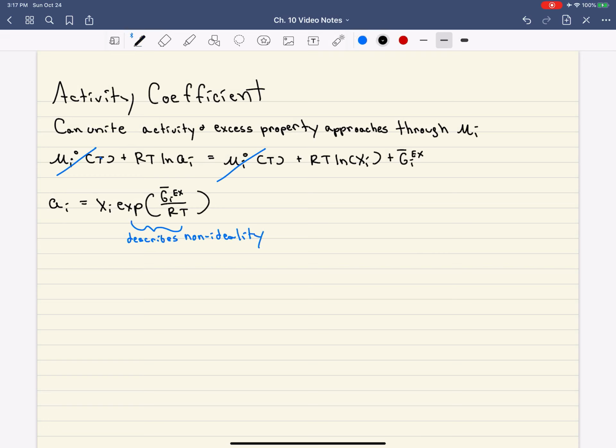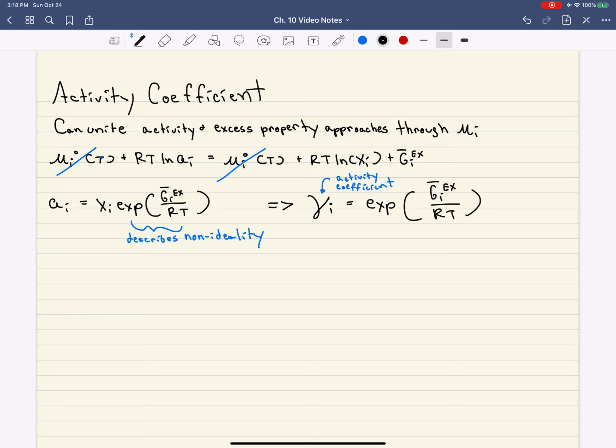And so what I'm going to do now is define a new term, gamma sub i, which I'm going to call the activity coefficient. For this gamma sub i, it's just going to be equal to that exponential of the molar Gibbs excess energy over RT.